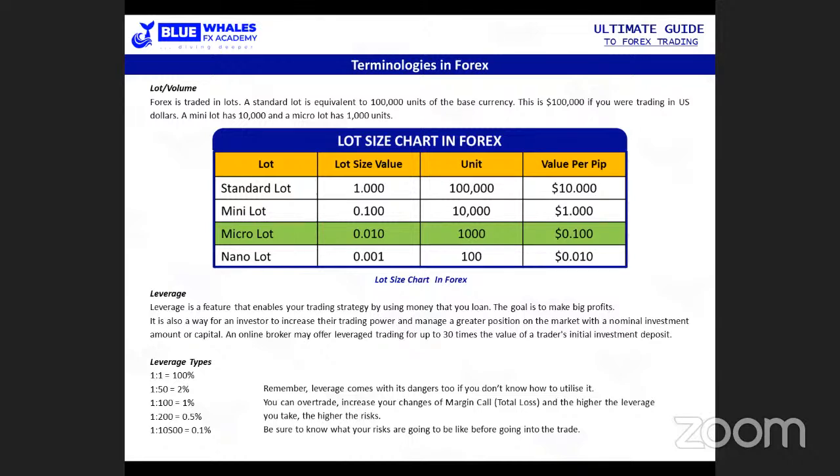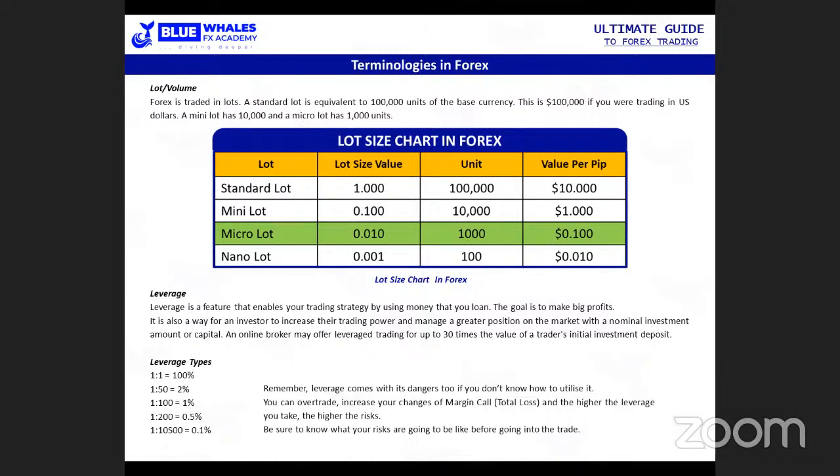Mini lot will give you 0.10, the micro lot will give you 0.01, and then nano will give you 0.001. The units for the standard is 100,000 units of the base currency. The mini lot is 10,000 units, the micro is 1,000 units, and nano is 100 units of the base currency.